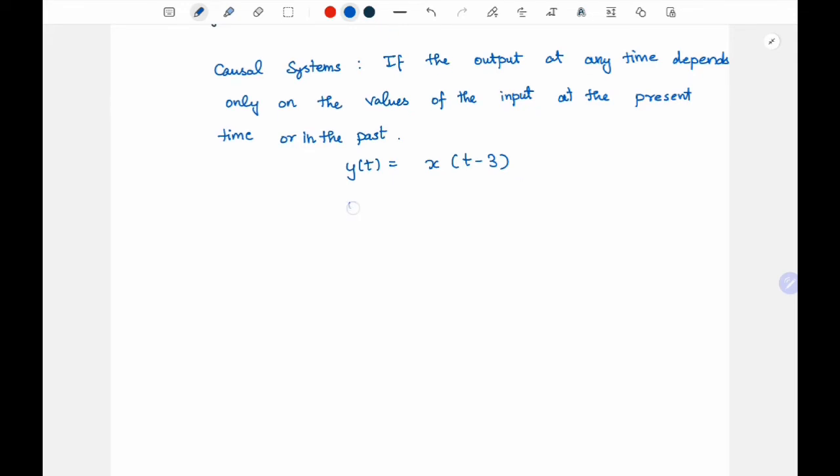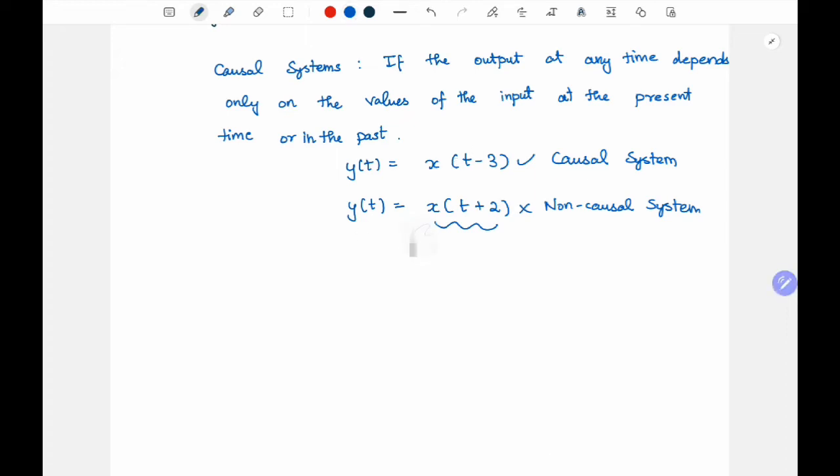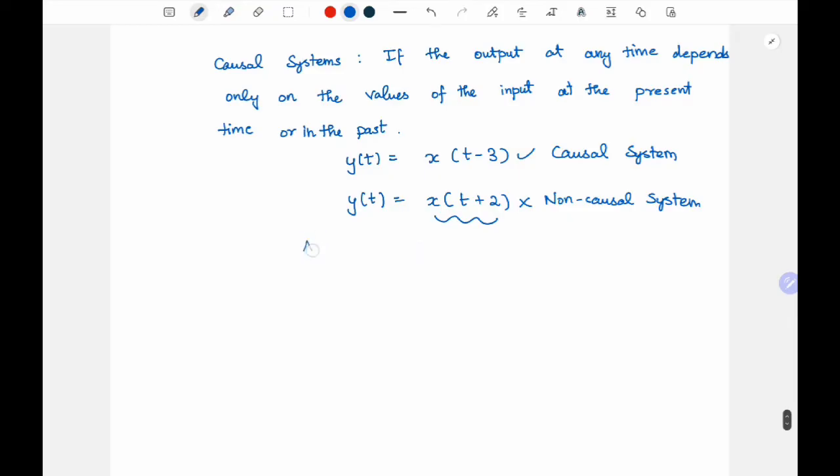But if you take the example of x of t plus 2, this refers to a future instant, so this is not a causal system. This is a non-causal system, and the other is a causal system. Whatever the system is processing and whatever output we are getting should depend only on the present input or the past. These types of systems are also called non-anticipative.